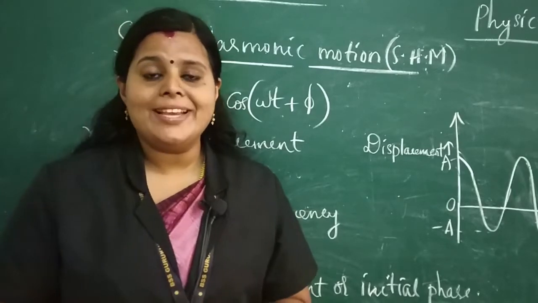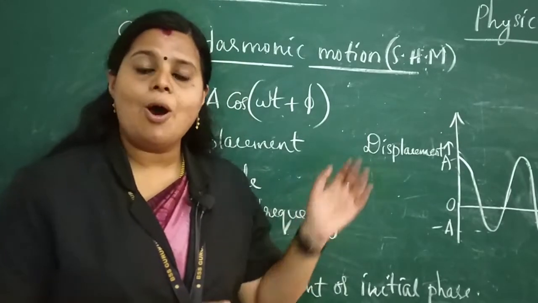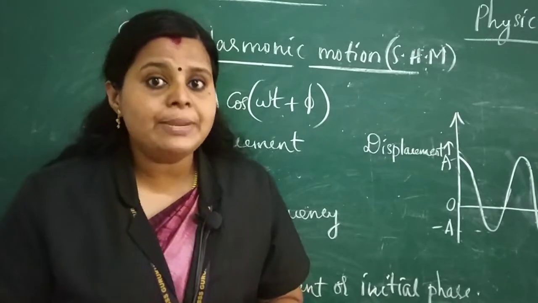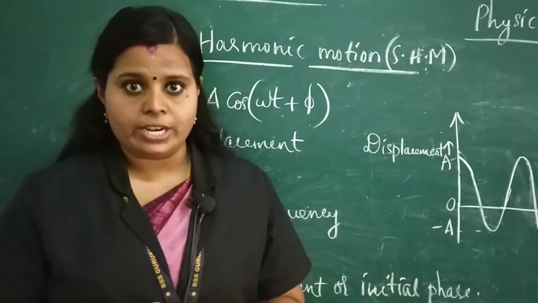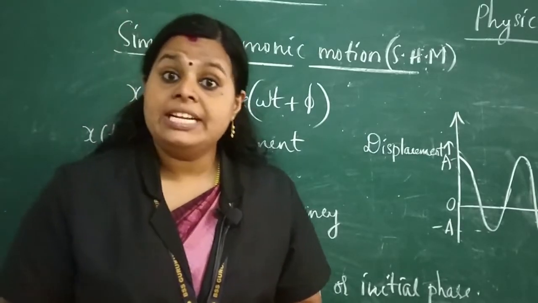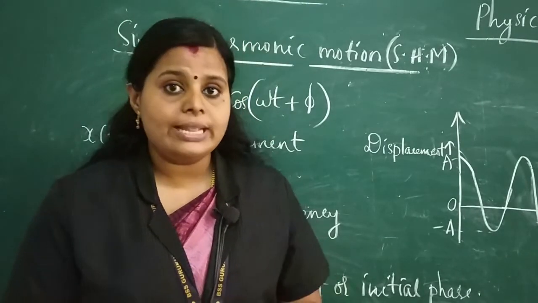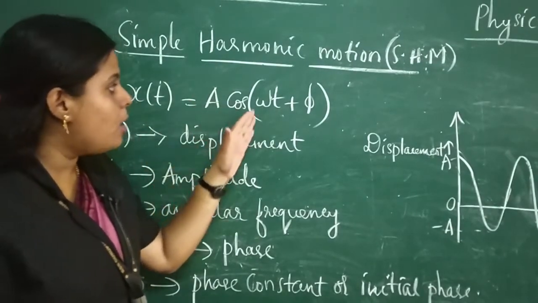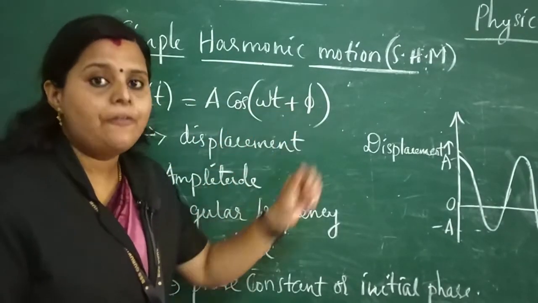Now the next topic is simple harmonic motion or SHM. So simple harmonic motion is the simplest form of oscillatory motion. An oscillatory motion is said to be simple harmonic if the displacement x varies with time as x of t is equal to A cos (omega t plus phi).